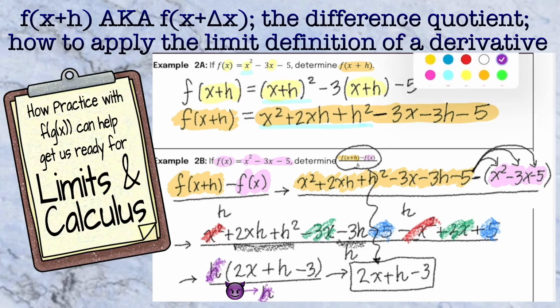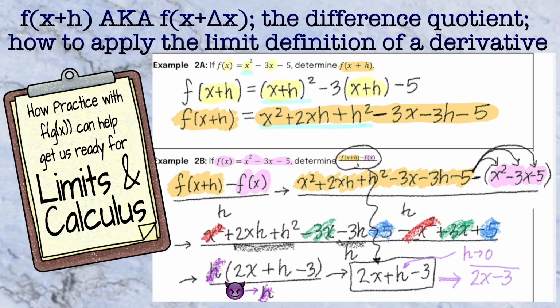But as promised, I'm going to take it one special step further. If we were using the limit definition of a derivative, as explained in the intro, we want h to get as close to 0 as possible, and we can do direct substitution in this step right now. So I can fill in a 0 for that h, and my final answer will be 2x minus 3.